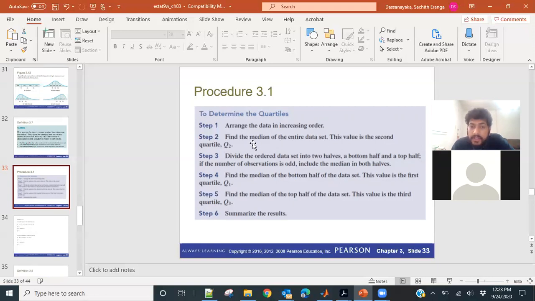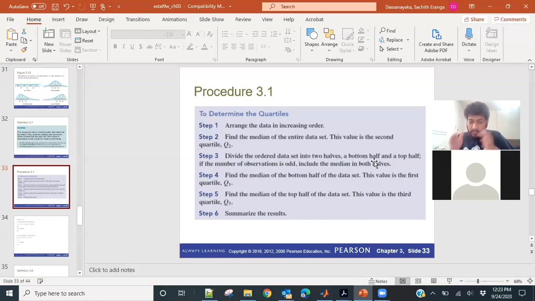You can find Q2, which means the median, using the methods we have used before, n plus 1 divided by 2. Then you will have two data sets divided by your median. Divide the ordered data set into two halves using your median.